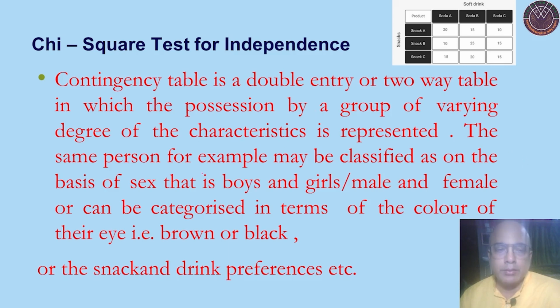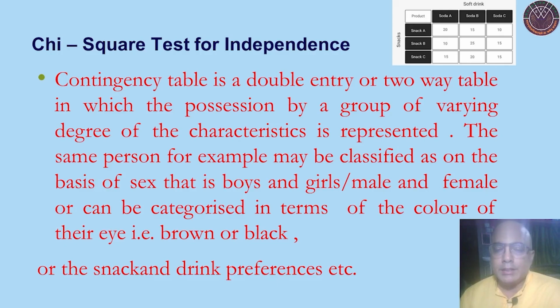The same person, for example, may be classified on the basis of sex, that is boys and girls. As I told you, if gender has preferences for food choices, then gender can be classified into two categories, boys and girls, male or female.